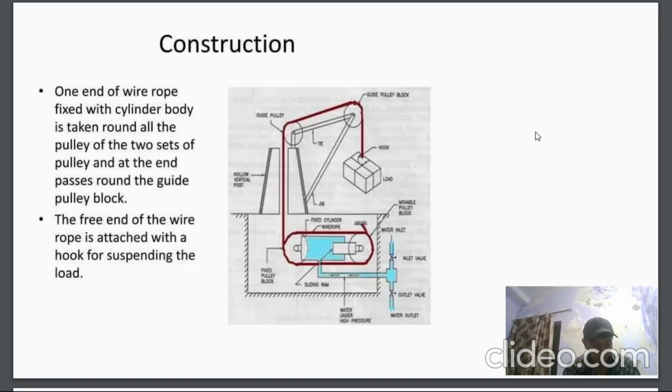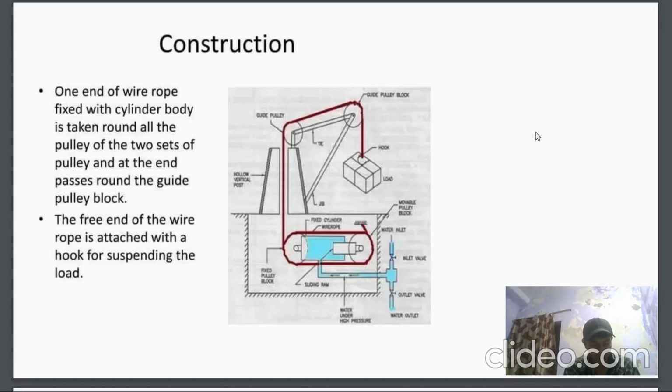For lifting the load by a crane, water under high pressure is admitted into the cylinder of the jigger. This water forces the sliding ram to move vertically up, and due to the movement of the ram in the vertically up direction, the movable pulley block attached to the ram also moves upward.